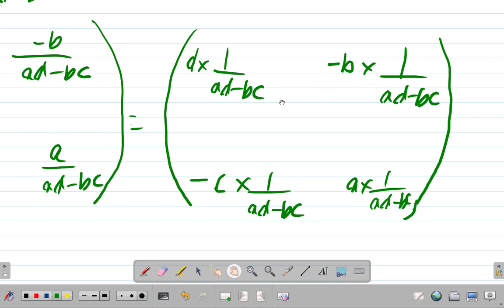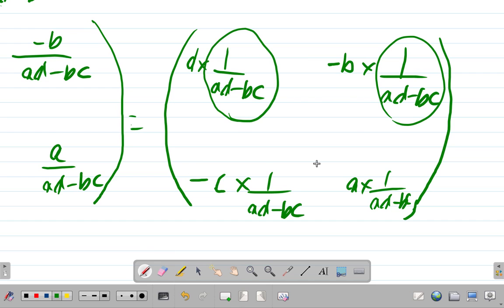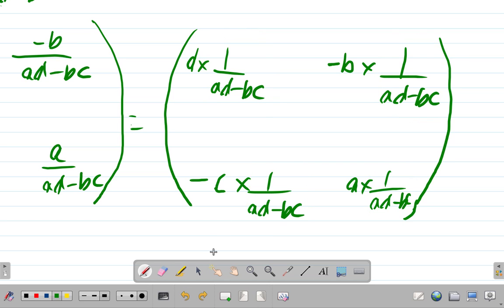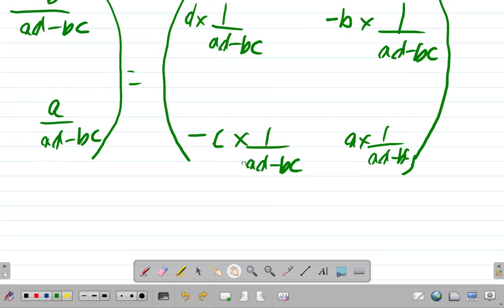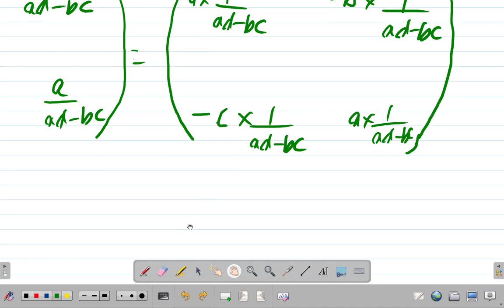Now, what happened just before we multiplied each element in the matrix by that number? That number is 1 over AD minus BC. You can see it here. It would have been outside the bracket, so we really are factoring it out. It's a common factor there.